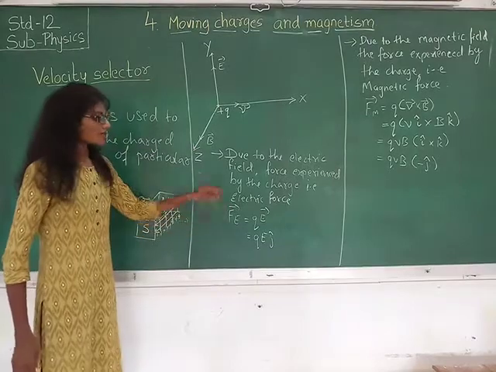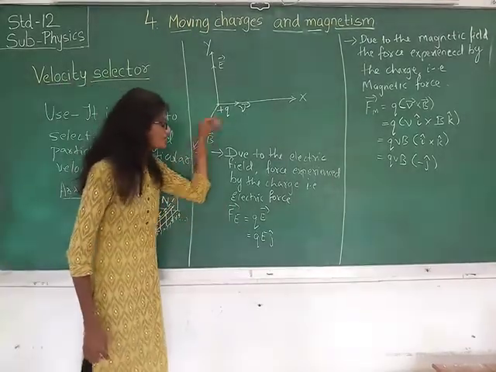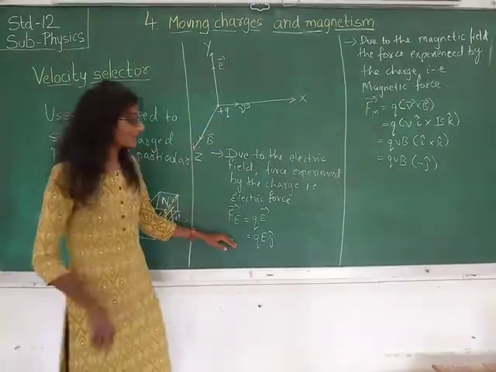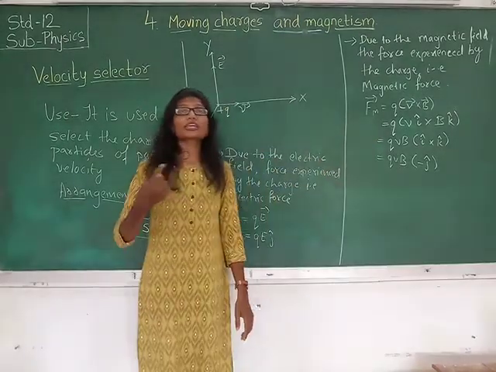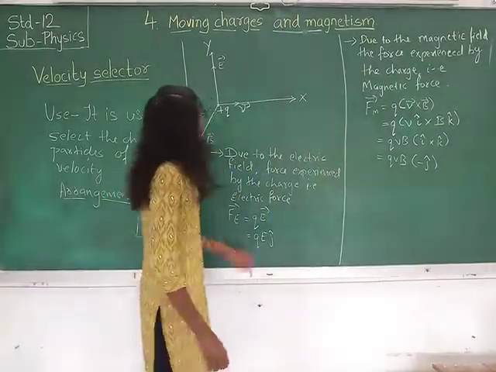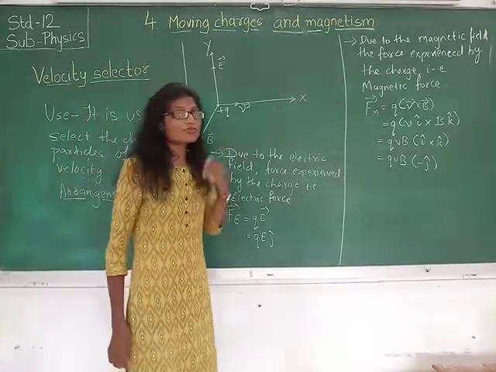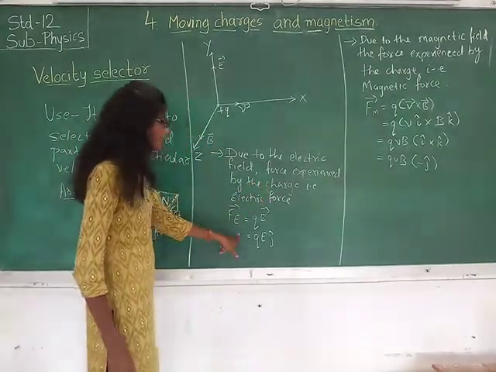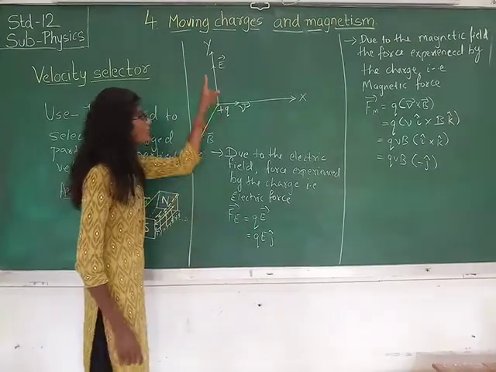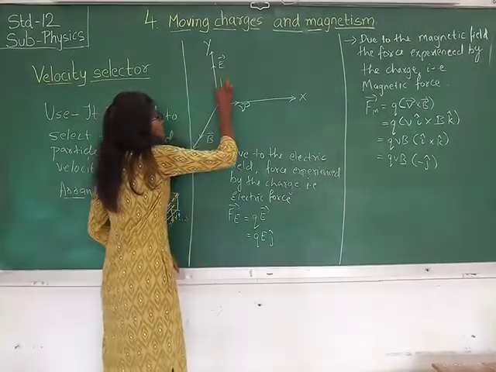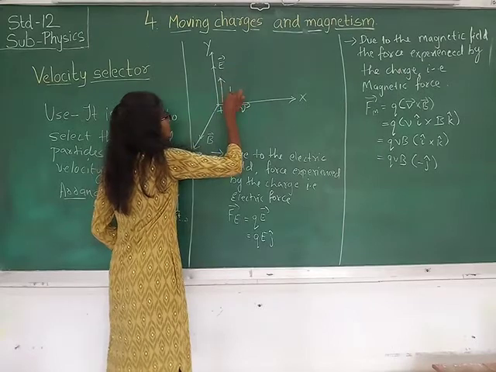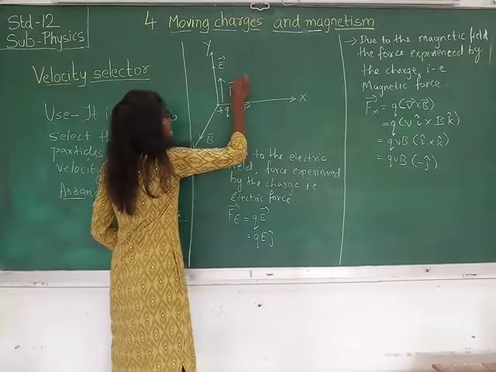Now see, the force that is experienced by this charge, that is the electric force due to the electric field, and the magnetic force due to the magnetic field, right? And here what will be the direction of both the forces that we already got? Electric force is along positive y-axis. So this is the direction of the electric force.